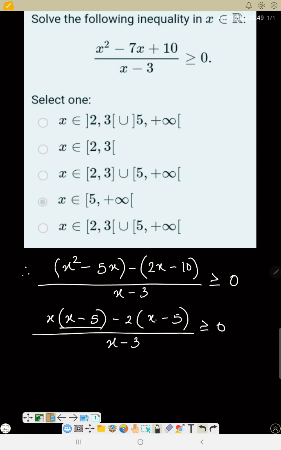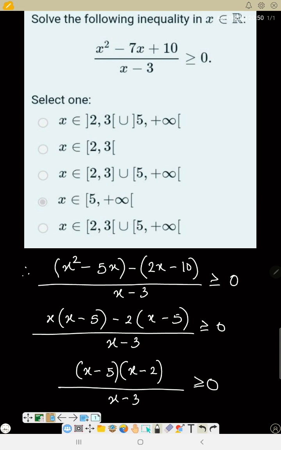So now we have x minus 5, x minus 5. So take 1, then take the outside value: x minus 2 divided by x minus 3 is greater than or equal to 0.